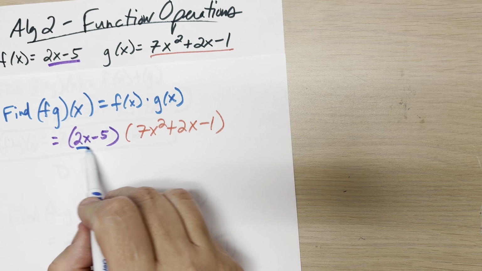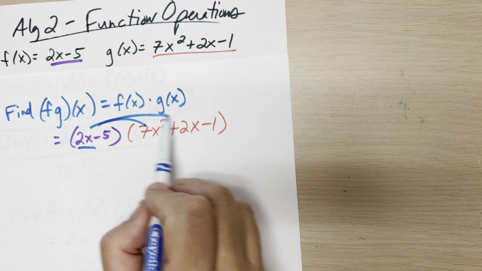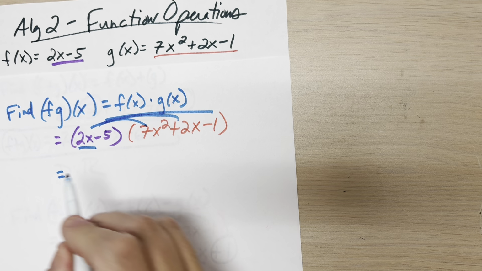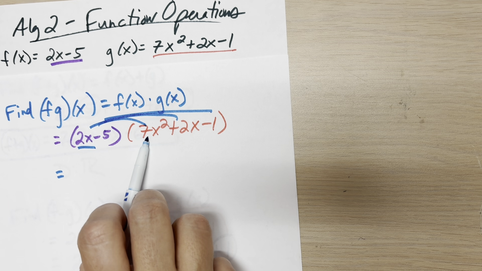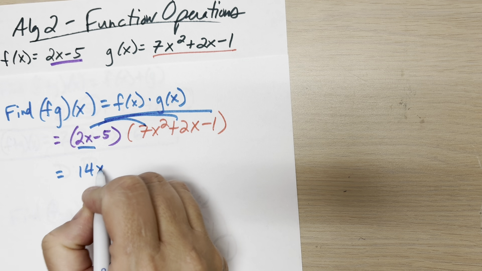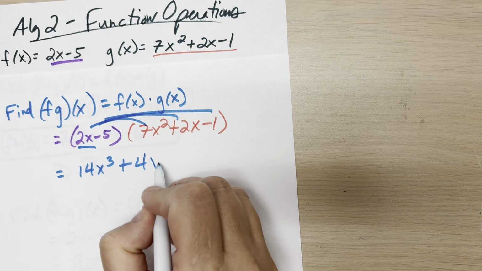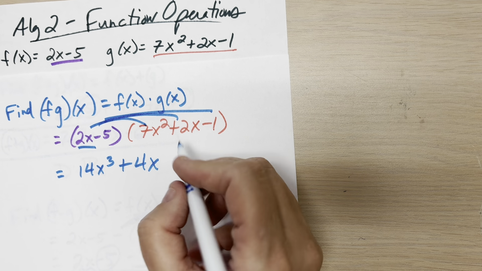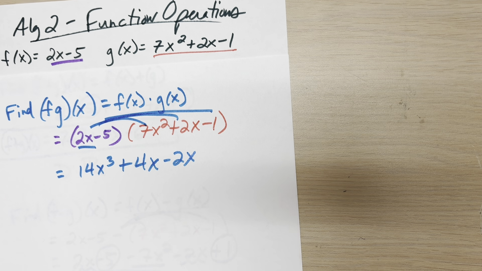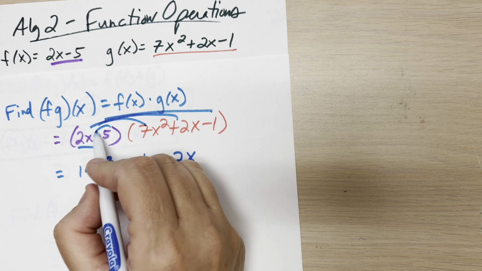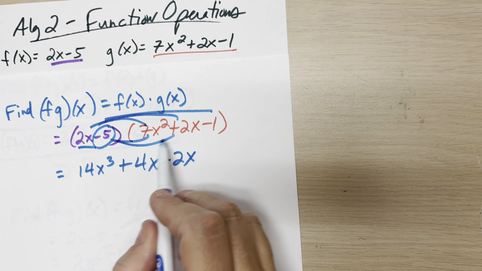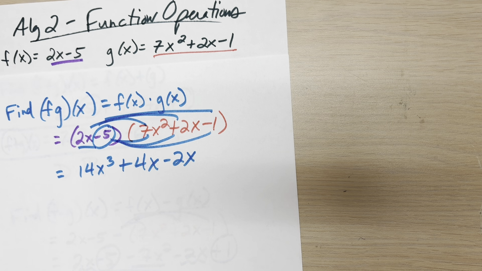We're going to take the 2x and distribute it through all three terms. I have 2x times 7x squared, that's 14x cubed. 2x times 2x is 4x squared. 2x times -1 is -2x. Next, I'm going to take -5 and distribute it through the three terms that are here as well.